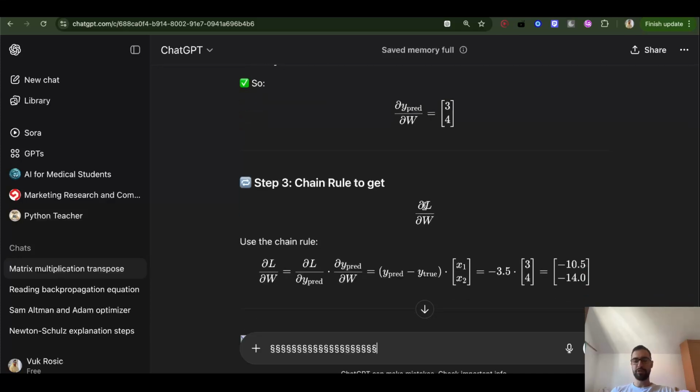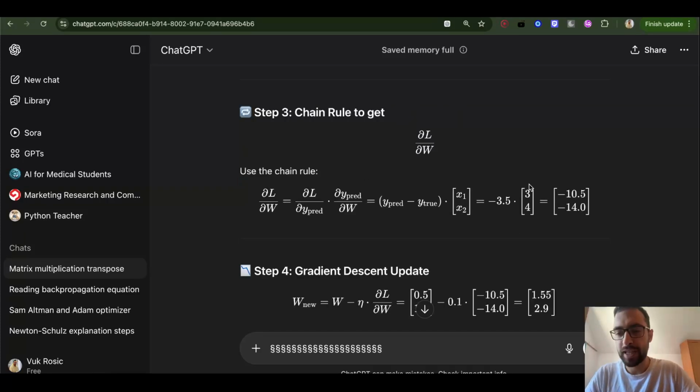So we need loss with respect to the weights. It's going to be loss with respect to y pred times y pred with respect to weights, which we had both of. We just get these numbers that we calculated, and this is how each of the weights changes loss. So that's it.